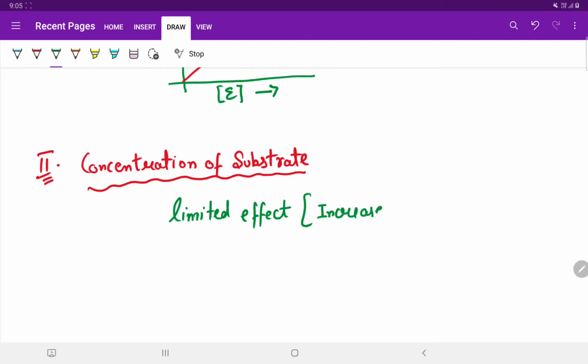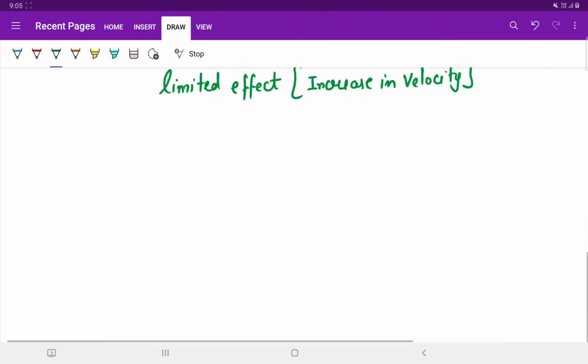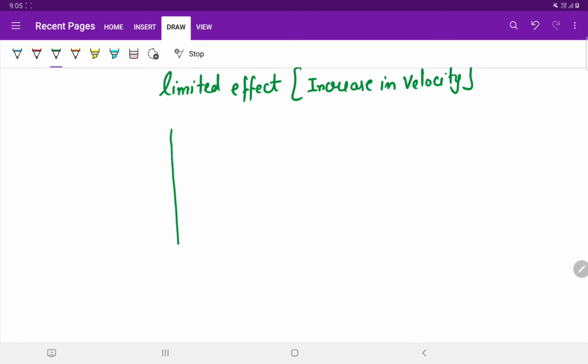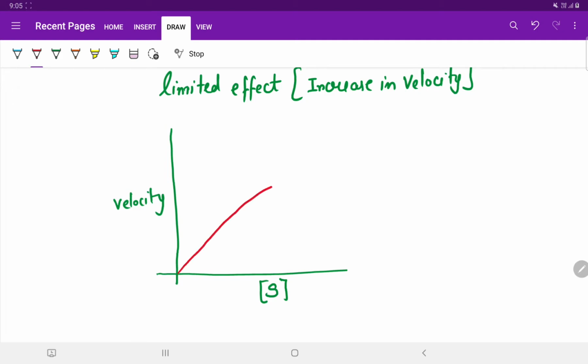Now how does this increase occur? This depends upon the saturation of the substrates. So we can see a graphical representation here, where on the x axis is the substrate concentration and the y axis is represented by the velocity of the reaction. The graph obtained is like this.